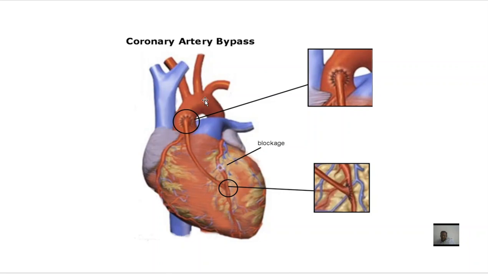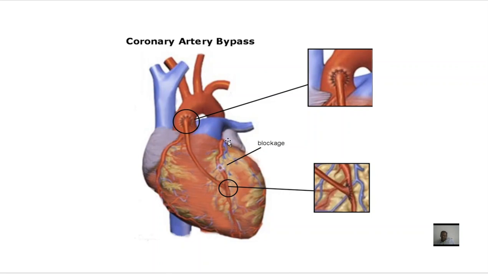In coronary circulation, blood comes directly from the aorta to supply blood and oxygen to the heart muscle. So that's why it is very important. The heart muscle should get oxygen and nutrition for its normal well-being. So this is the coronary circulation. From the aorta, this blood vessel supplies the blood to the heart muscle.